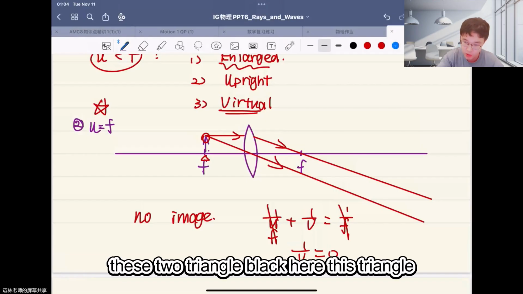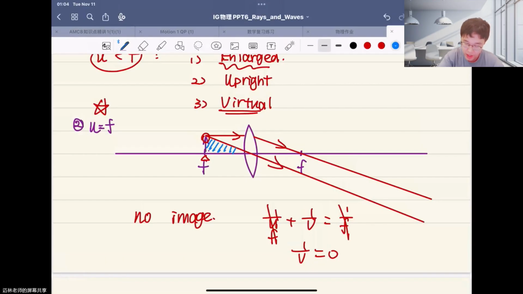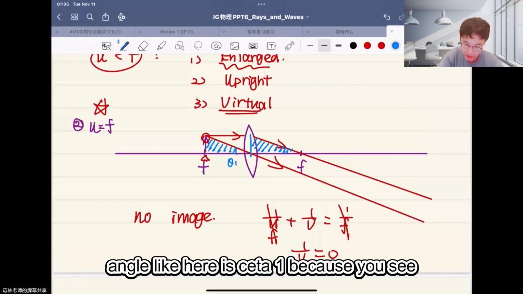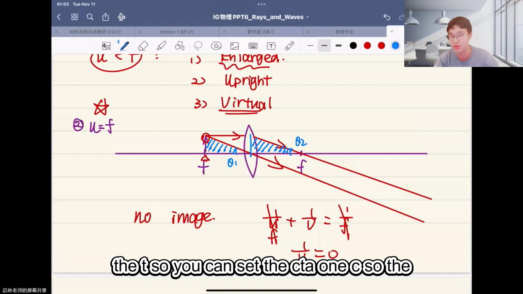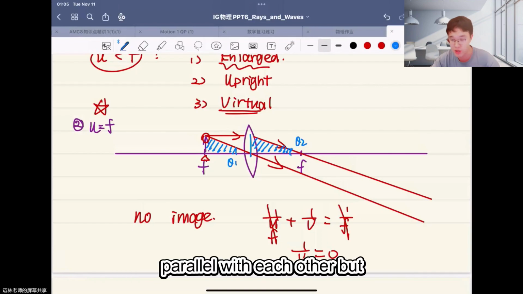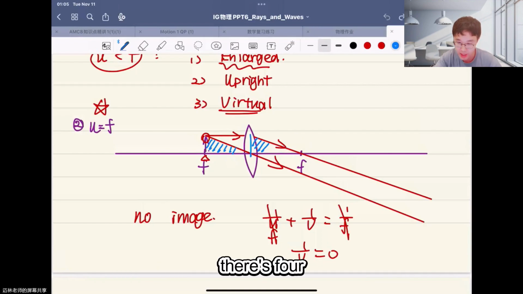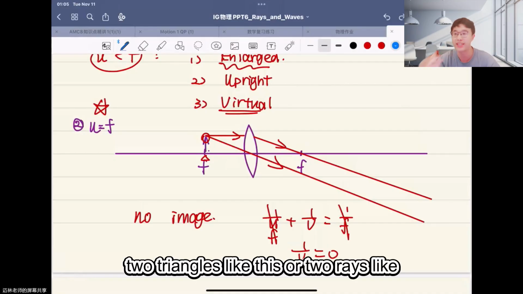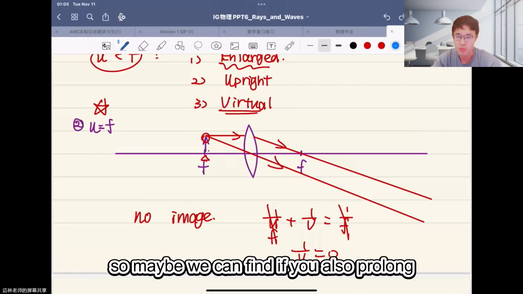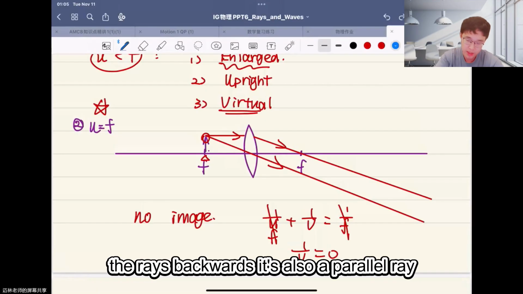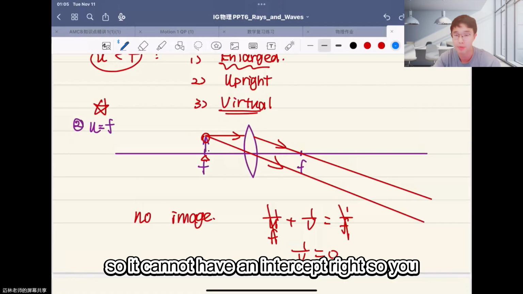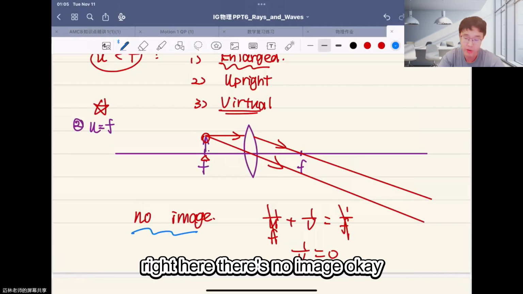Because this triangle is just the same as this triangle, they have the same angle: here theta 1 equals theta 2, so the two rays are parallel with each other, okay? If you also prolong the rays backwards, they are also parallel, so they cannot have an intercept, right? So we can say right here, there's no image, okay?